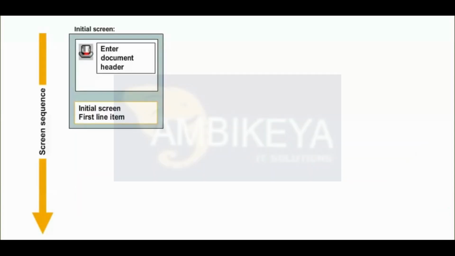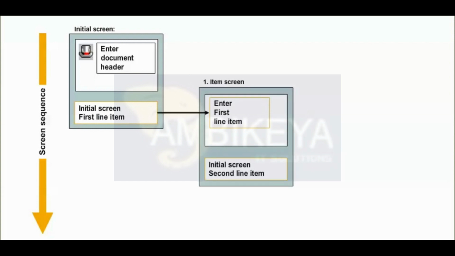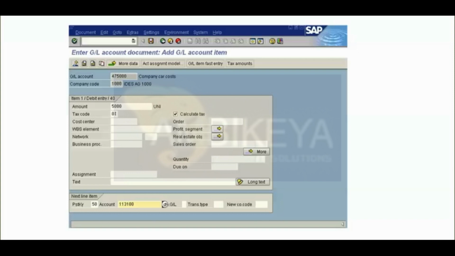With the information about posting key and field status group of the account to be posted to, the detailed entry screen for the first line item is set up. When you press Enter, you proceed to the next screen. It contains amount field and additional account assignment fields for the first line item.